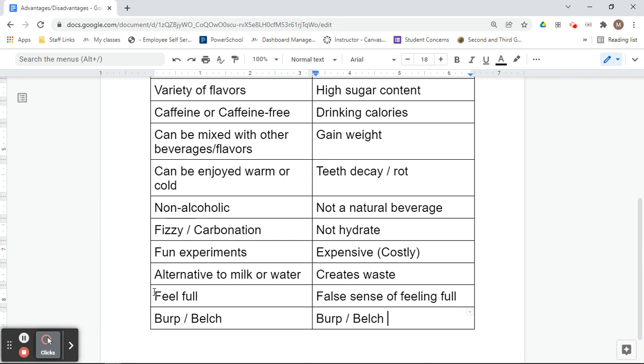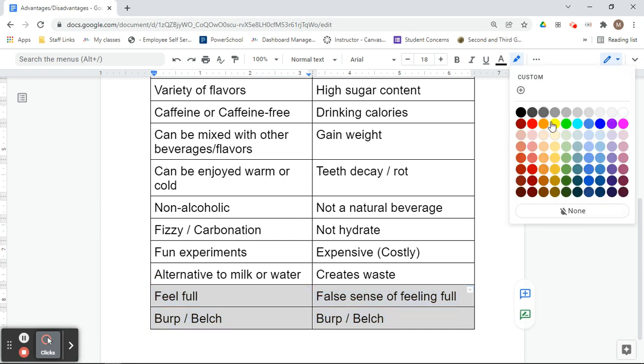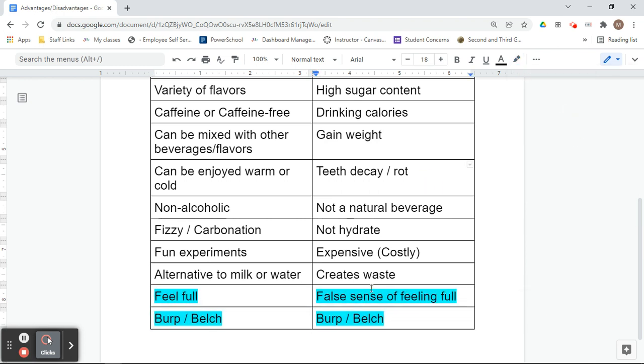And I think it's important to bring these up because, again, right writers, it's important to understand that sometimes advantages can fall into both categories. And so I like that these two can fall in both advantage or disadvantage, and we can use these to our benefit later when we write our essay.